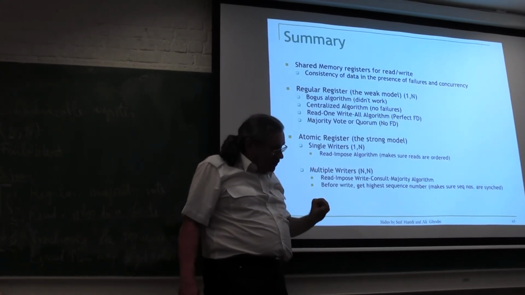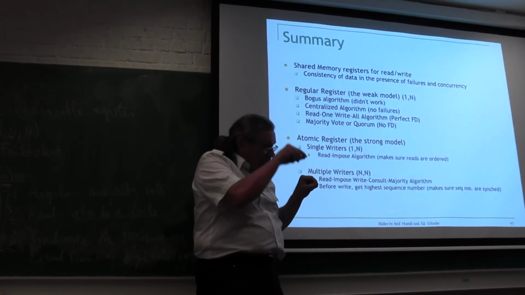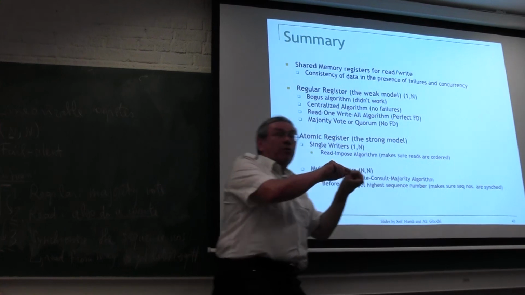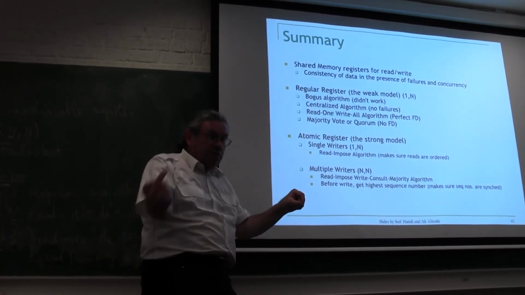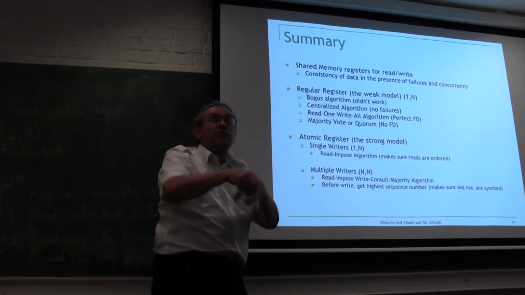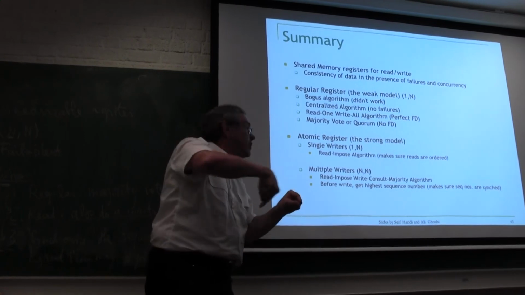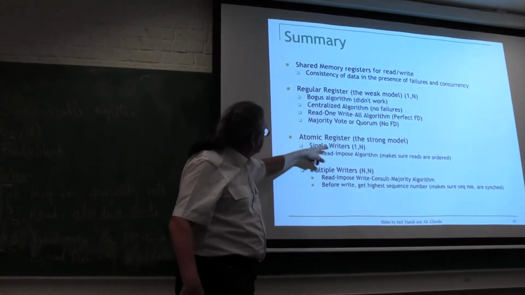So the read also does a write. It imposes a write, and that guarantees that the reads are ordered. If the read imposes a write, then the next read will see the value from the previous read, unless there are even more writes. But if there are no writes, it is guaranteed to see it. So you know the reads are ordered. That works for a single writer.